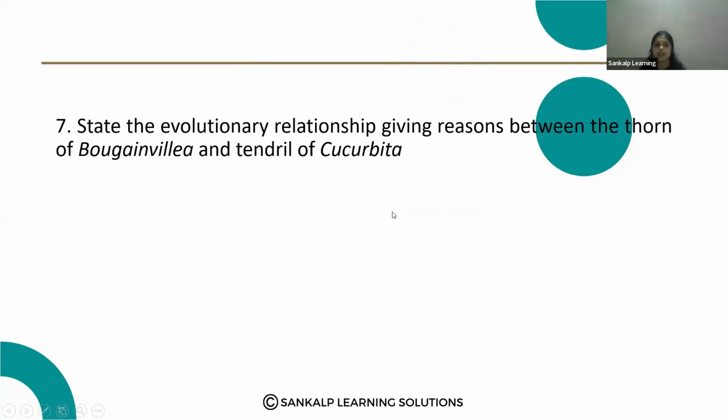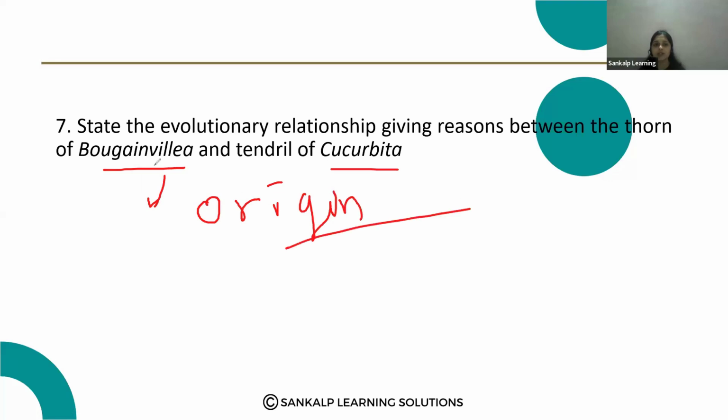Next question. State the evolutionary relationship, giving reasons, between the thorns of bougainvillea and tendrils of cucurbita. Here, the thorns of bougainvillea and the tendrils of cucurbita have a similar origin. Origin is the same, but they perform different functions.